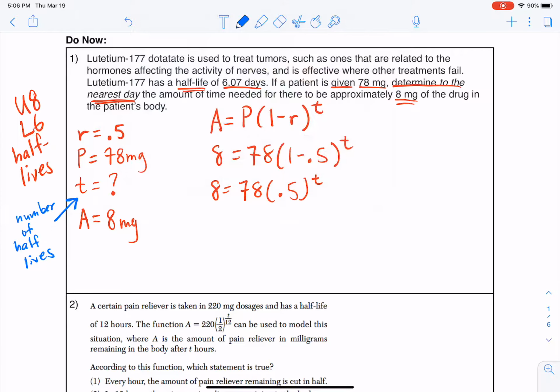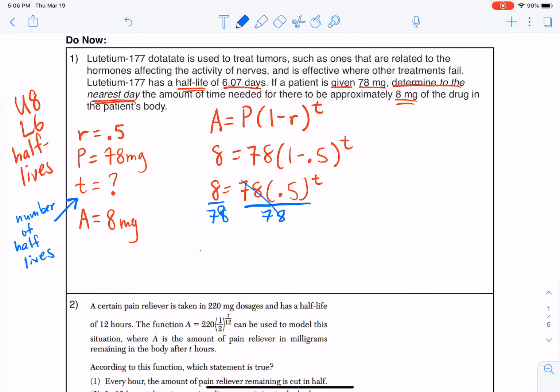So to do that, I'll first need to divide both sides by 78. Cancels this out. And now I really would need a calculator to figure out what is 8 divided by 78. I wouldn't want to do that by hand.